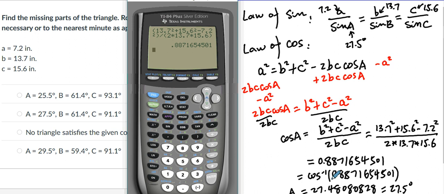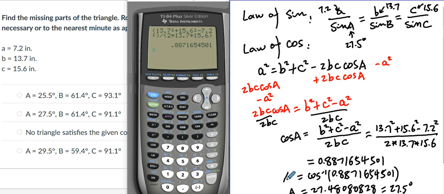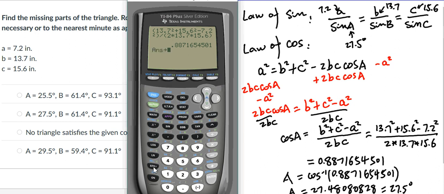Then we do cosine inverse, so we should get A. How do you do the cosine inverse? You want to store this number into memory A, then you can recall it.